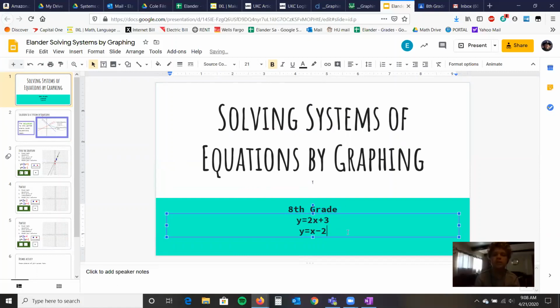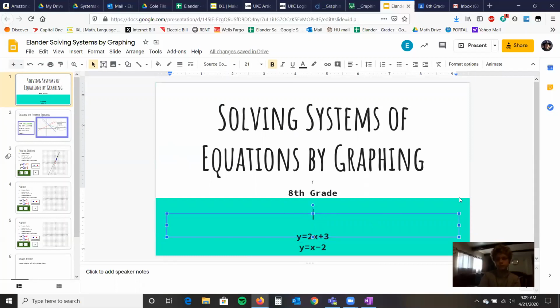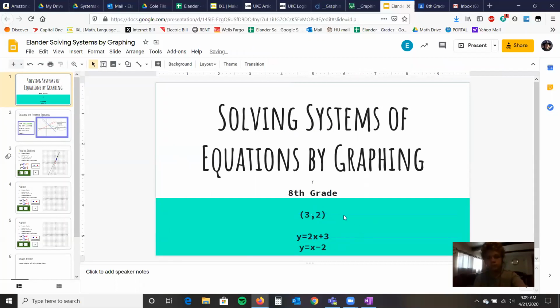So we have a system of equations here, right? Two equations working in one system. And let's say we were given a solution like (3, 2). Is this point a solution to this system?